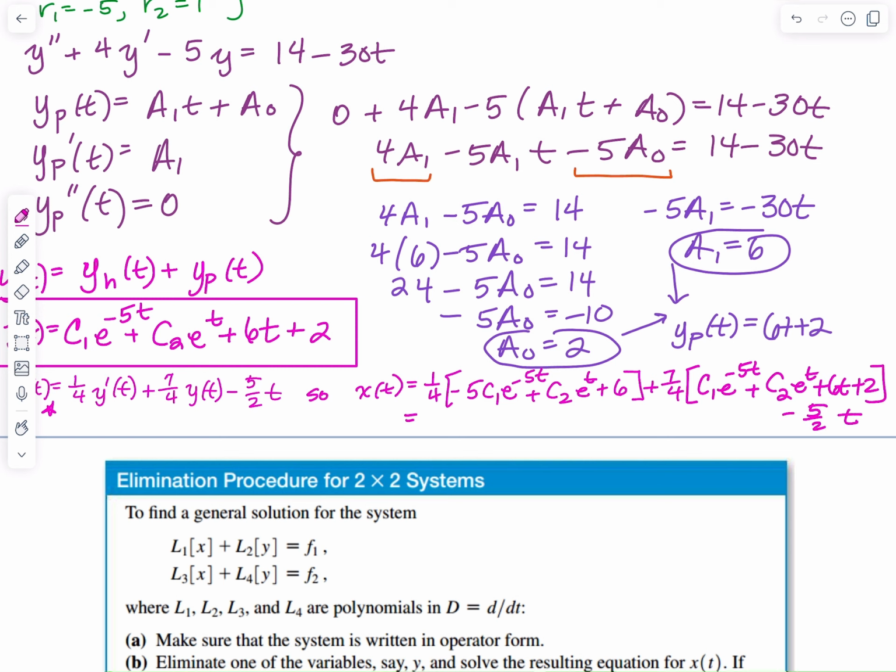This will simplify to 1/2 c1 e to the negative 5t plus 2c2 e to the t plus 8t plus 5.